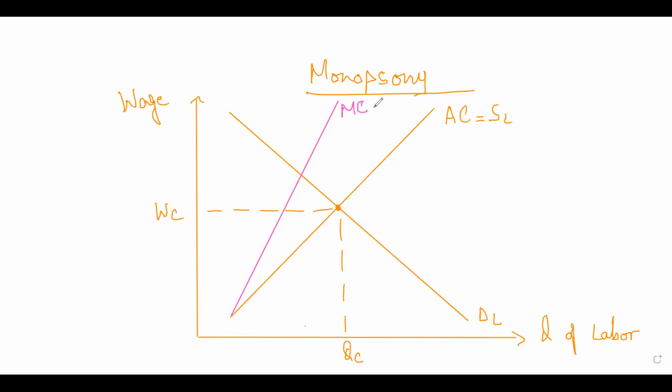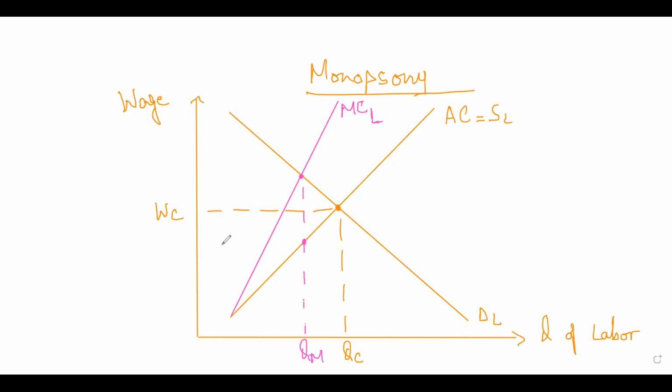Now, where the marginal cost of labor is equal to the demand for labor, that's where the equilibrium will be, right? So you bring this dotted line down and connect it to the x-axis and label it as QM. This is the quantity of labor that will be hired in the monopsony market, but they don't pay according to the marginal cost rate.